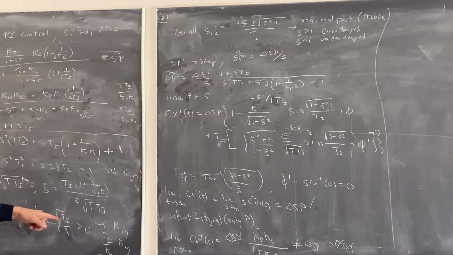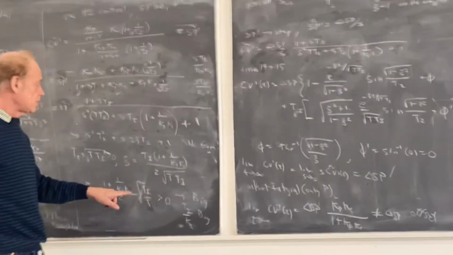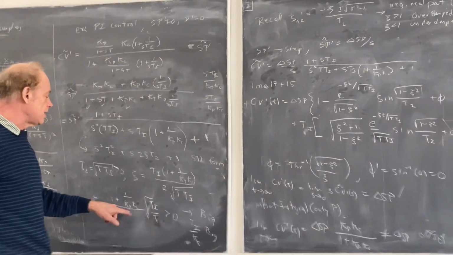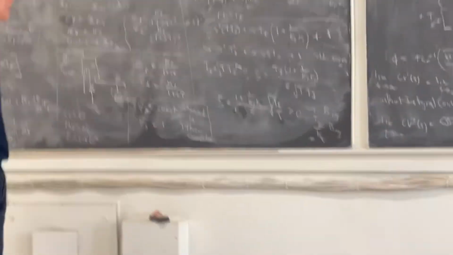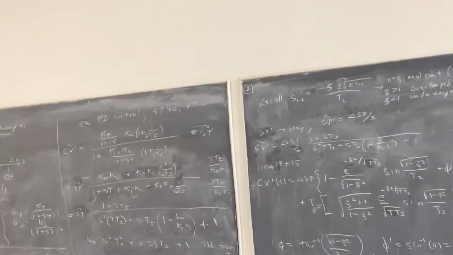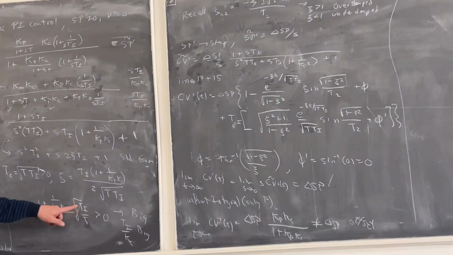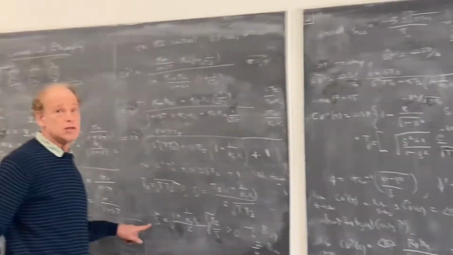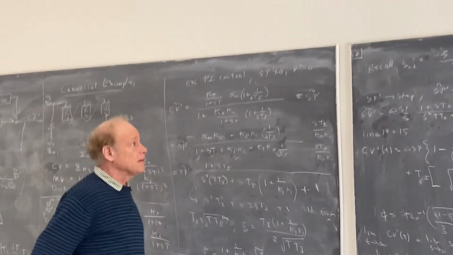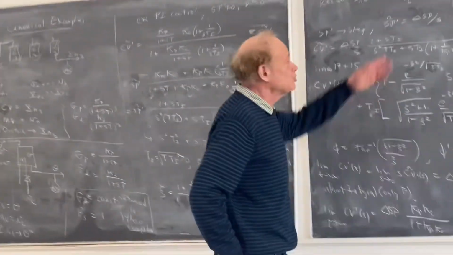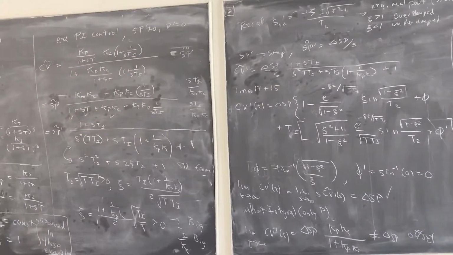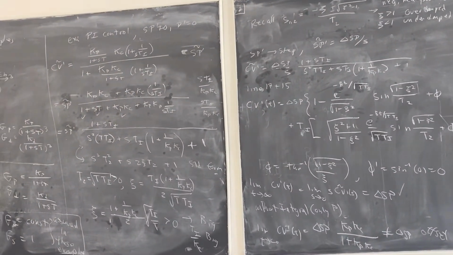That depends on the value of Ti and Kc. And you can see that when Ti gets big or Kc gets small, then C gets big.